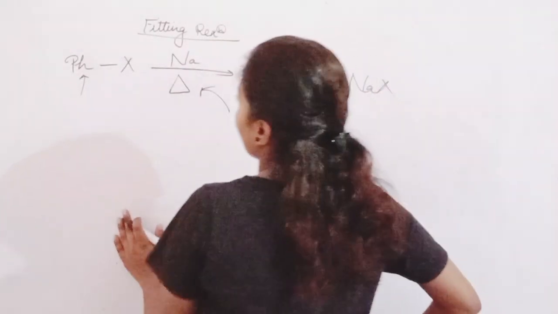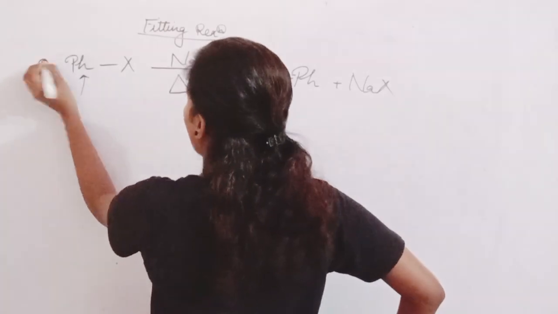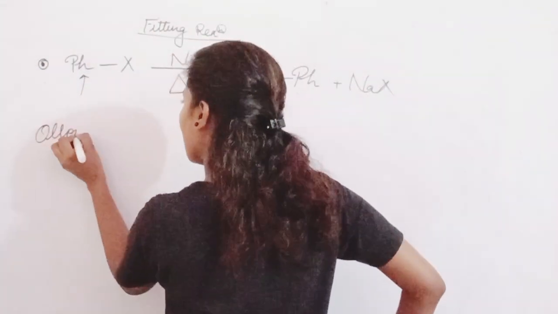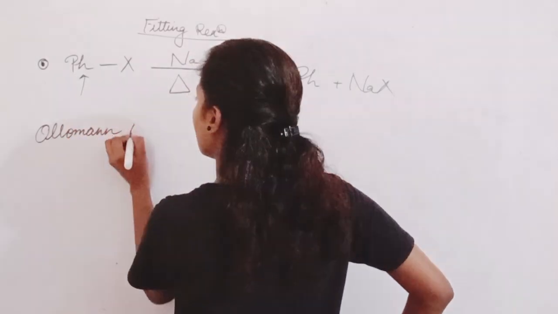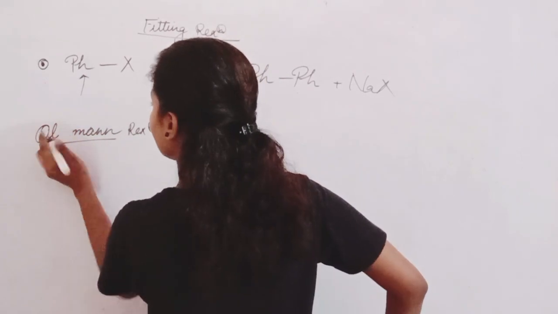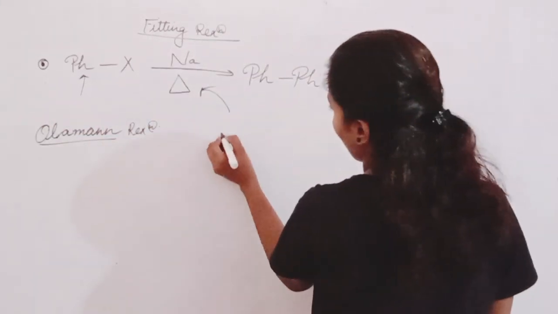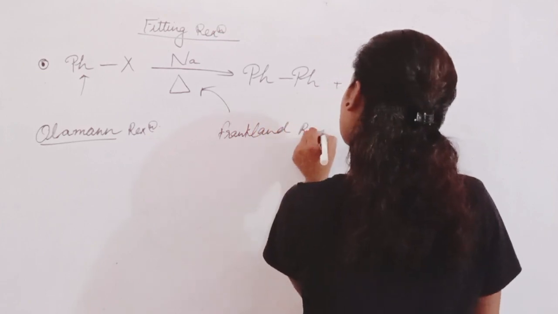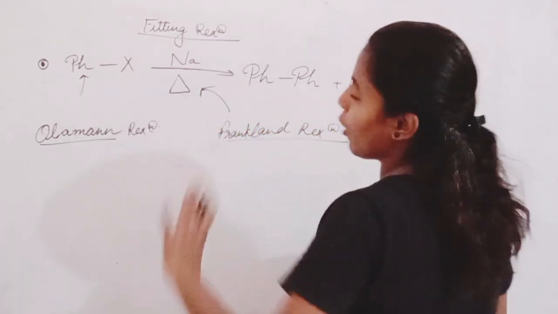Fittig has done the photocopy, and also some other people, called the Ullmann reaction and the Franklin reaction, do a photocopy of the Wurtz reaction.